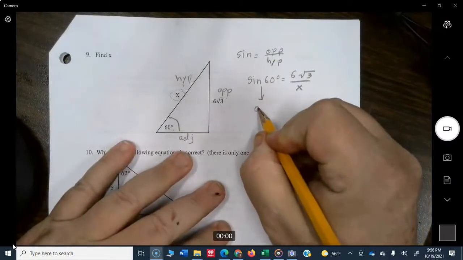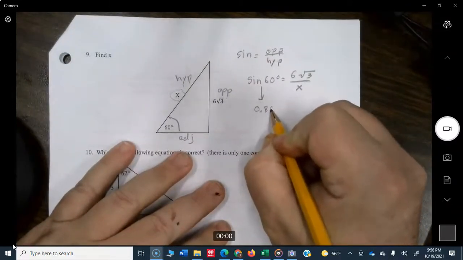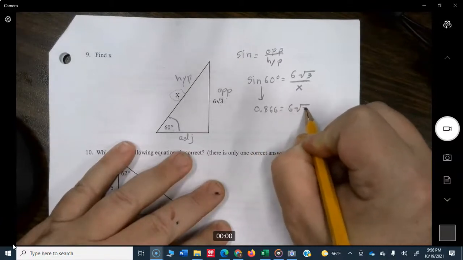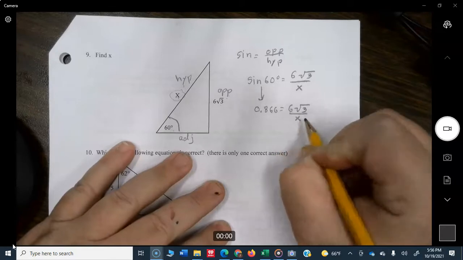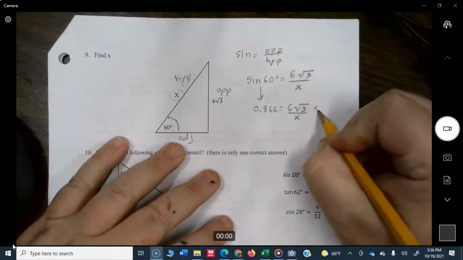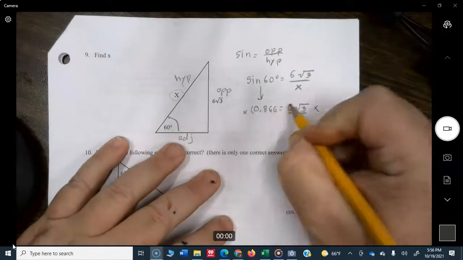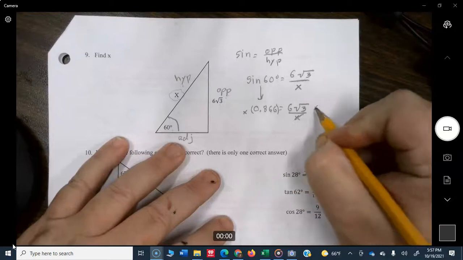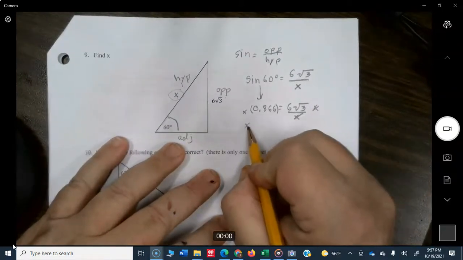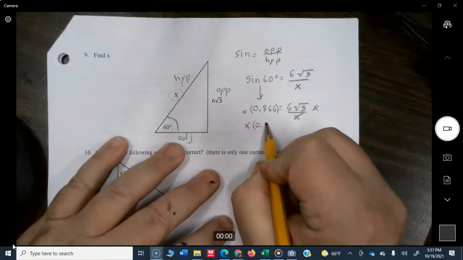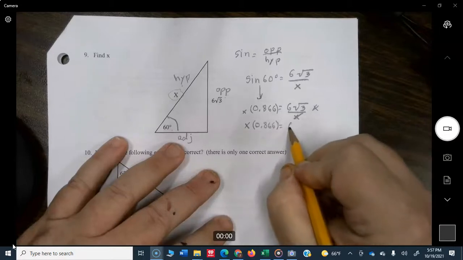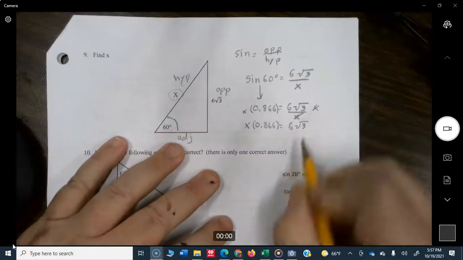So 0.866 equals 6 root 3 over x. We are going to multiply both sides by x. This side cancels, so now we have x times 0.866 equals 6 root 3.